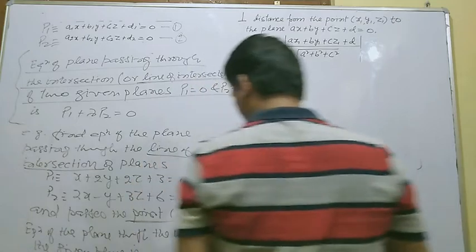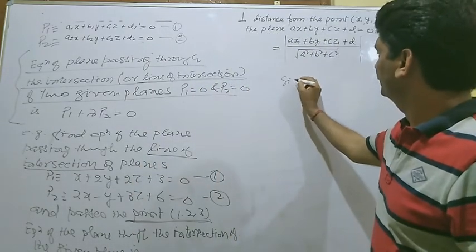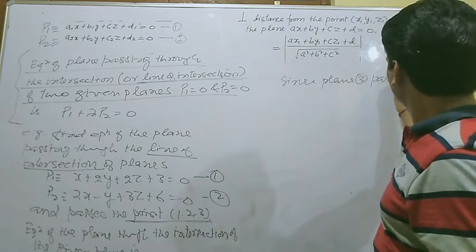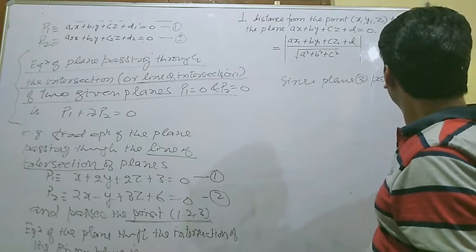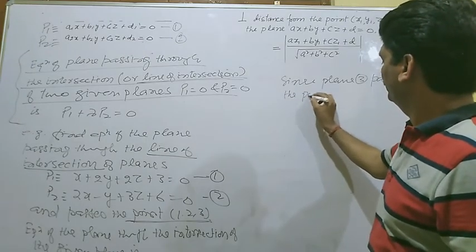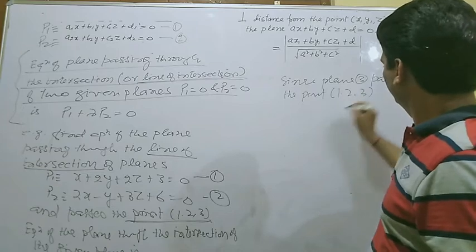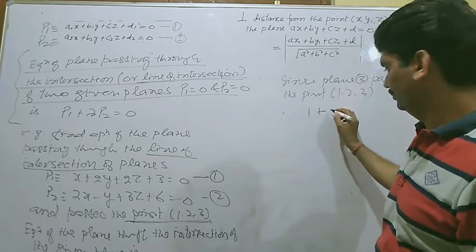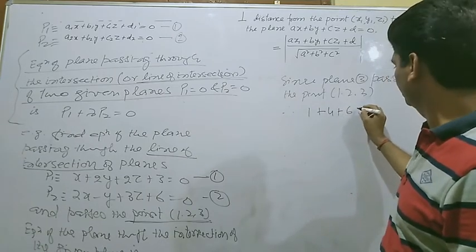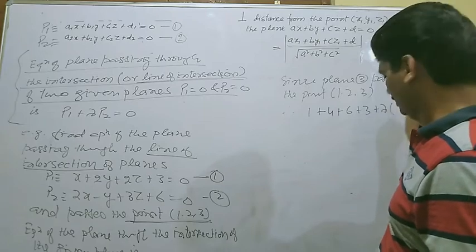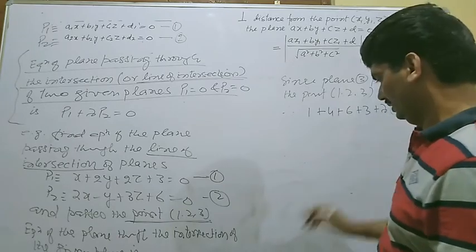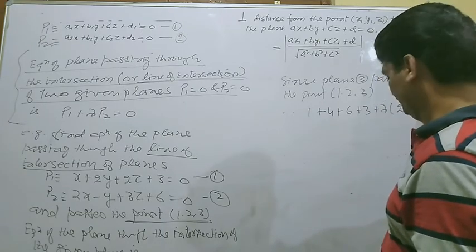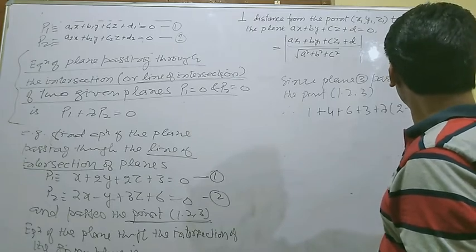So we put, since plane 3 passes through the point (1, 2, 3), therefore we have 1 plus 4 plus 6 plus 3 plus lambda times 2, minus 2 and 3, that is 9, plus 6 equal to 0.